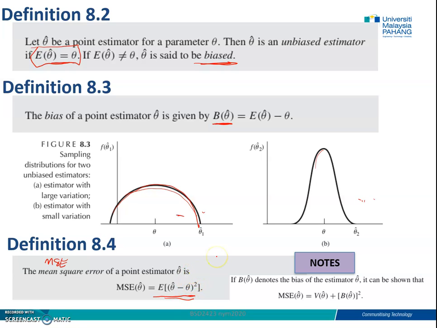You will use it later in examples and also in proving. Here, note that if beta head denotes the bias of the estimator theta head, it can be shown that your MSE will be equal to the variance of theta head plus the bias of theta head squared. This one is important as well.